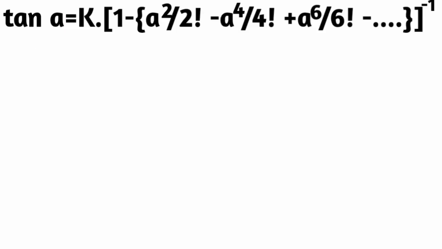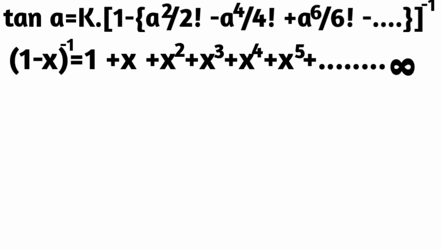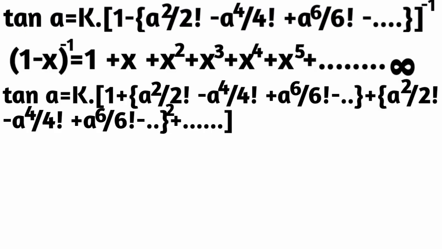Okay, and now by using the concept of the expression which we have discussed some time before, that means (1 minus x) whole to the power -1 is equal to 1 plus x plus x square plus x power 3 plus x power 4 plus x power 5 plus ... up to infinity term, applied to the expression of cos alpha. In the expression of cos alpha, the curly bracket term alpha square divided by factorial 2 minus alpha power 4 divided by factorial 4 and so on is equivalent to the value of x.